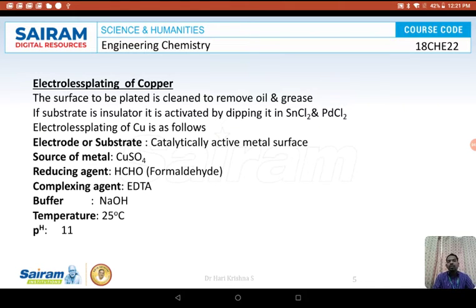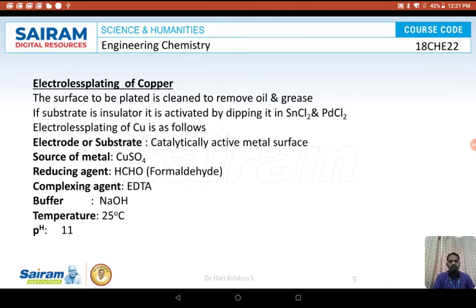The reducing agent is formaldehyde. Formaldehyde undergoes self-oxidation, liberating electrons. These electrons will be accepted by Cu2+. We'll see those reactions later. The complexing agent is EDTA. The complexing agent will form a complex with the Cu2+, and it releases the metal ions only on the surface of the metal.